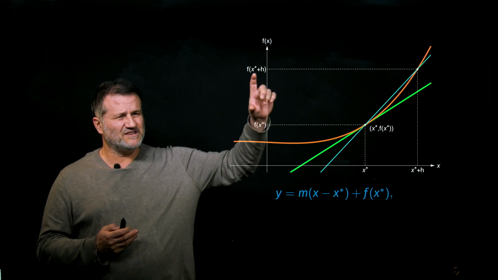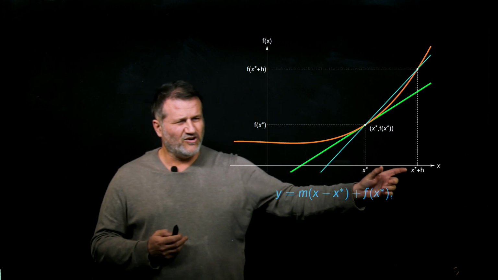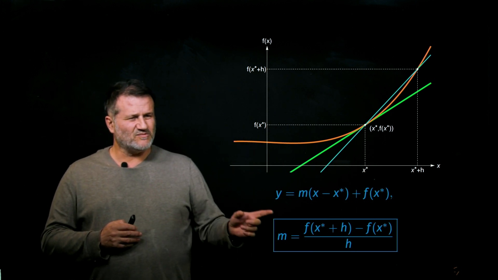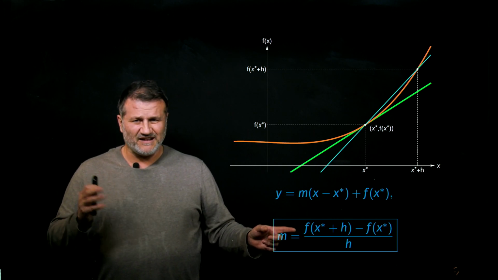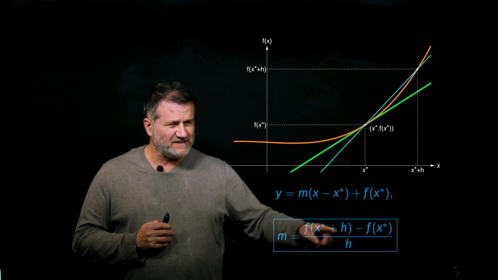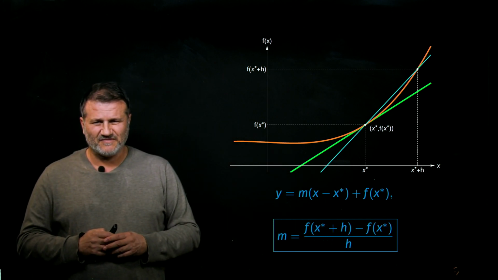In fact, we do the ratio between the variation of ordinate over the variation of abscissas, and we get this. This quantity is called incremental ratio because it is a ratio of increments, increment of f over increment of the variable x.